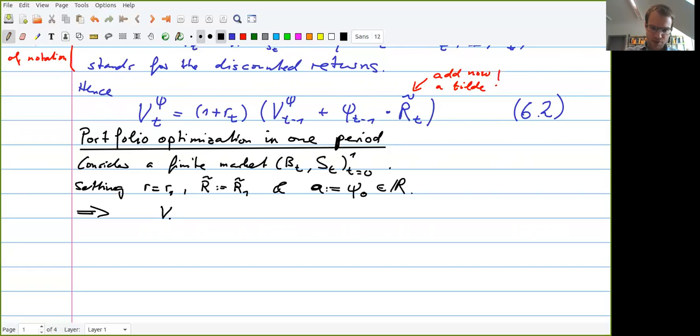The terminal capital which I have at time 1 is just given by 1 plus R times the initial capital, plus A, the scalar product with the returns.